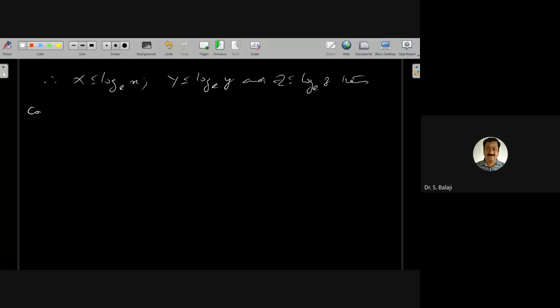Then the complete solution is log z equal to a log x plus 1 by a log y plus c.